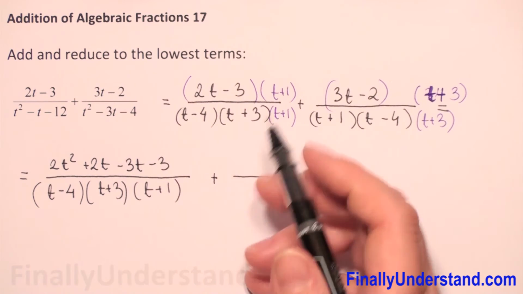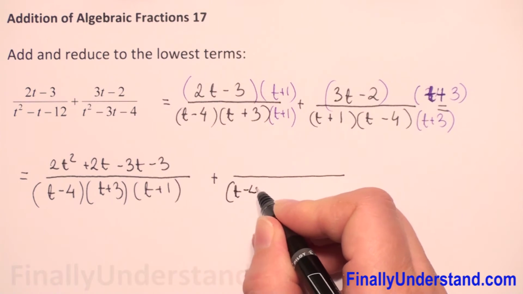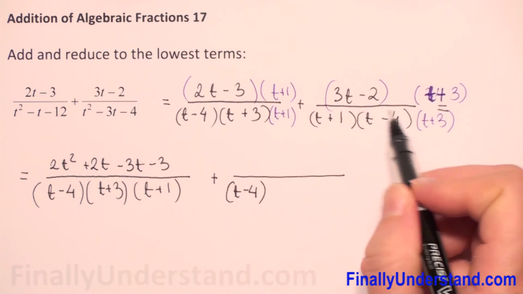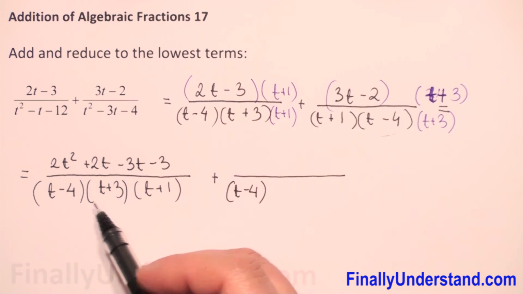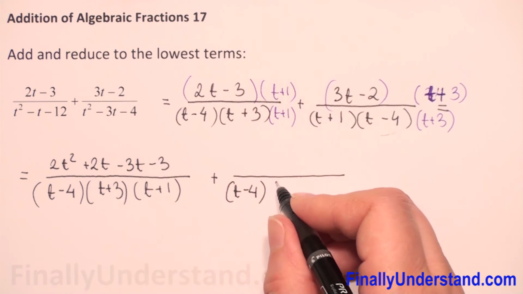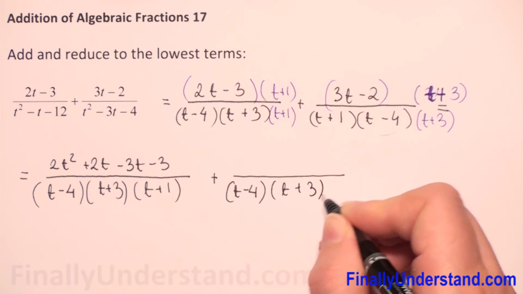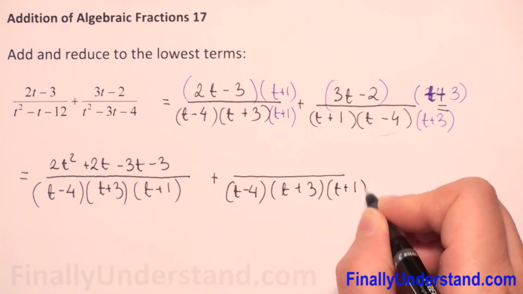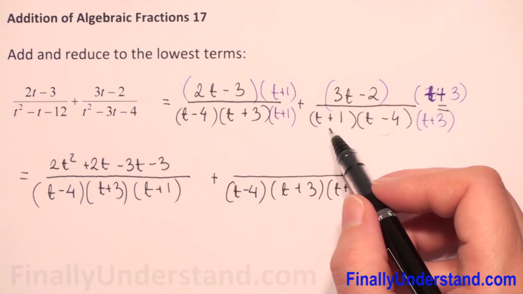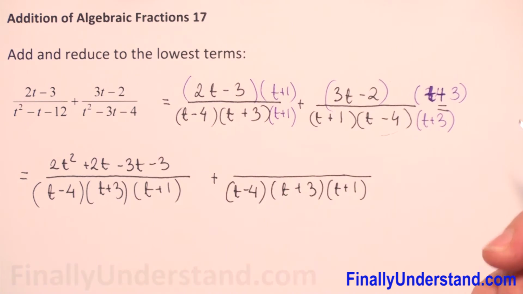I will put first t minus 4. This is multiplication, so I can change the order. I can put this term first because I have this first in the first denominator. Next I have t plus 3 and the last t plus 1. I can always change the order when I have multiplication.